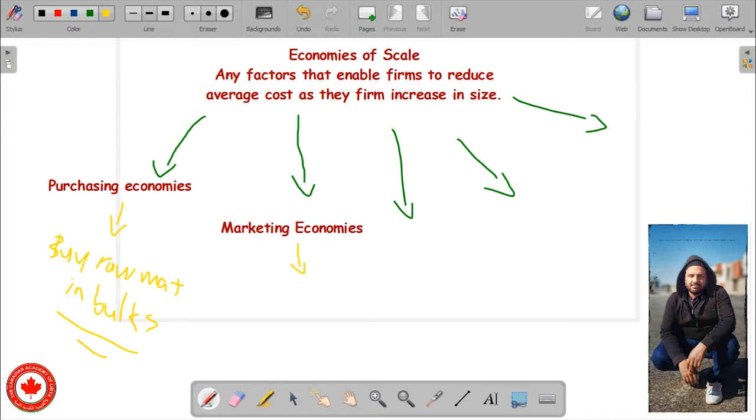When I say less cost, I'm talking about the idea that the large companies will be able to distribute their product using their own vehicles.